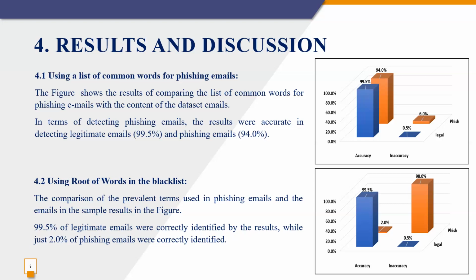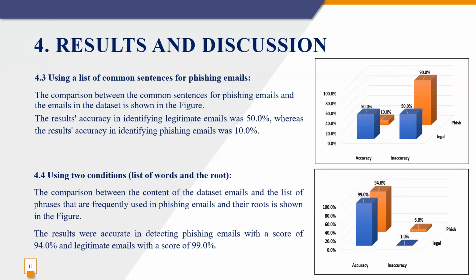The second one, when we use the root of words in the blacklist, we get 99.5% for legitimate emails, and we get only 2% correct for the phishing emails. The third one, when we use the common sentences of phishing emails, we get 50% of legitimate emails correct, and we get only 10% for the phishing emails.